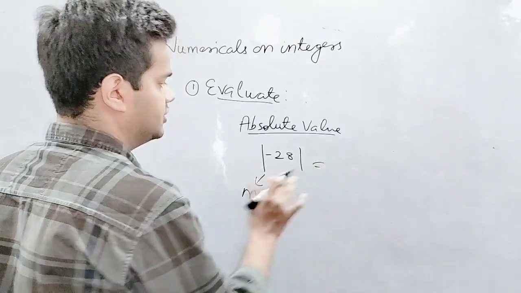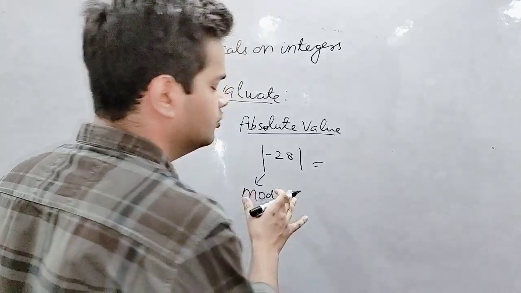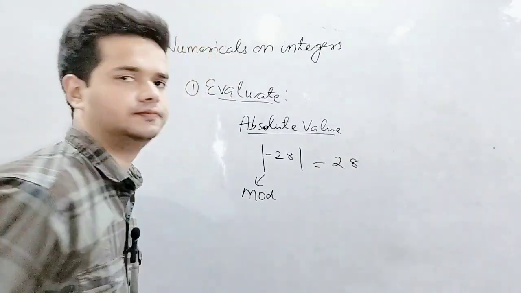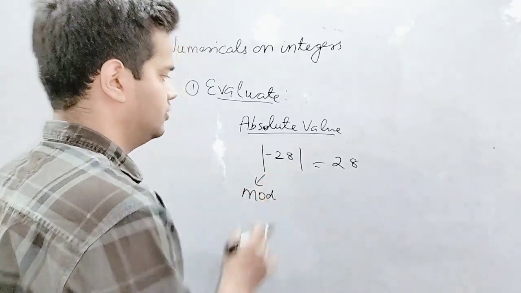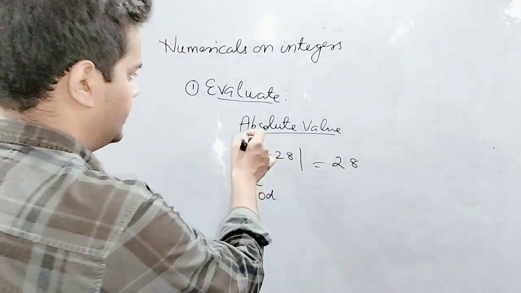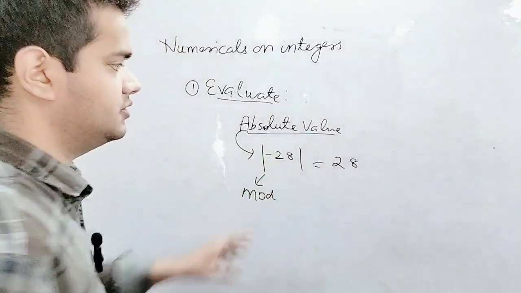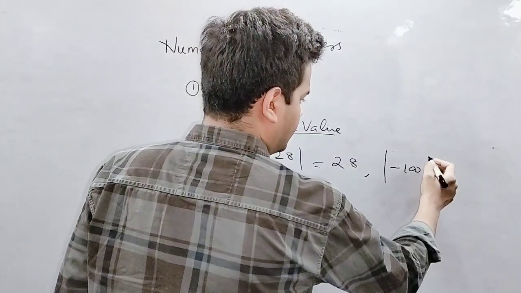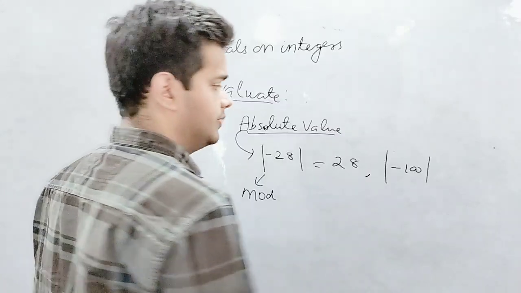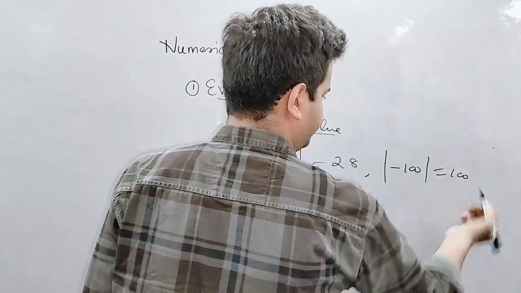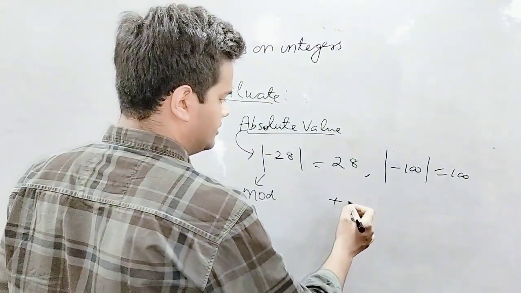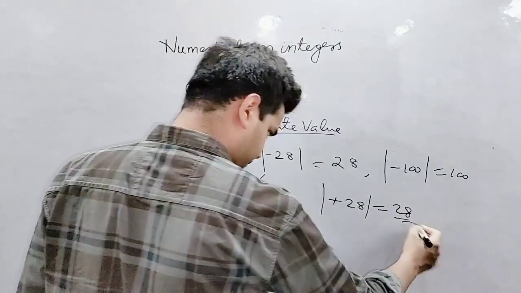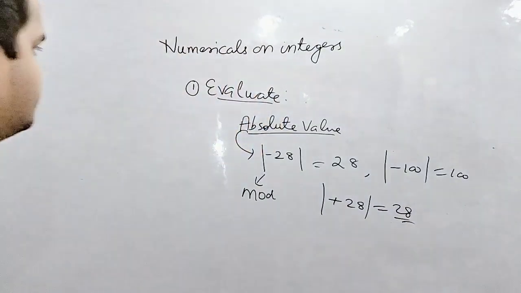This mod removes the negative sign and makes the term positive. So the absolute value of minus 28 is plus 28. Similarly, mod of minus 100 becomes plus 100. And a positive value remains positive as it is.